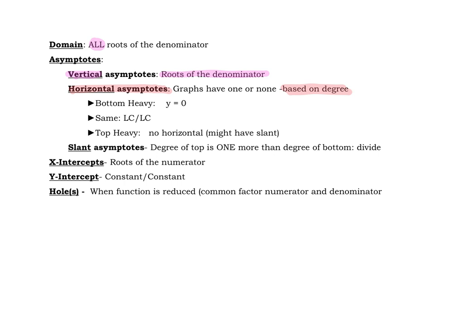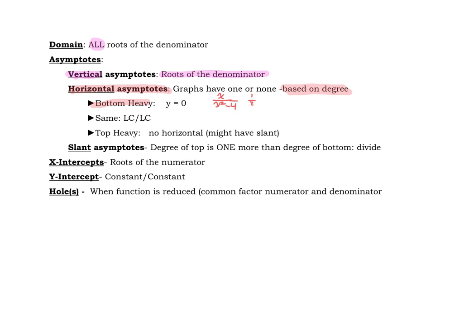So what I mean by bottom heavy is that the denominator has a higher degree, like x over x squared minus 4. This is a degree of 1 over a degree of 2. The bottom is heavy, so that asymptote is always y equals 0.